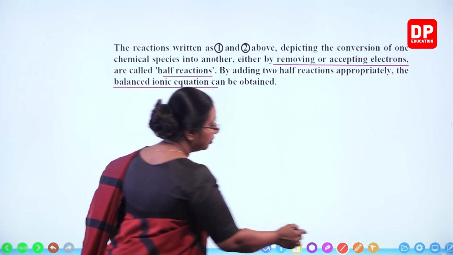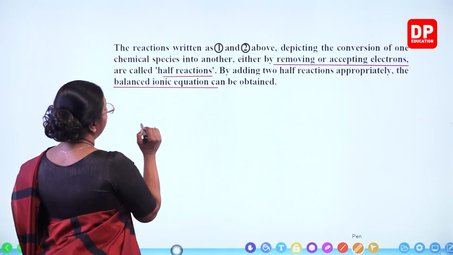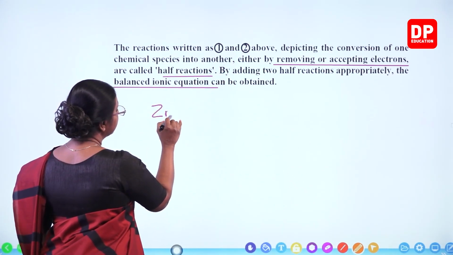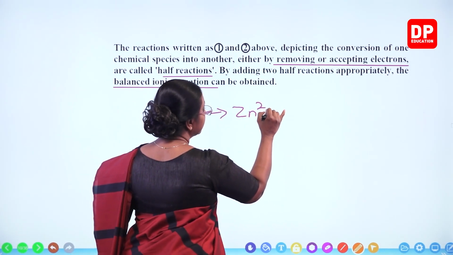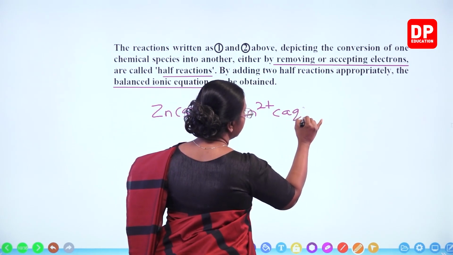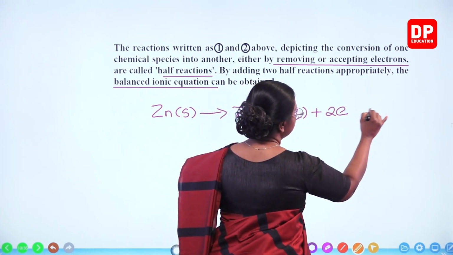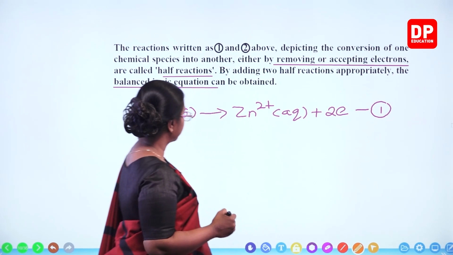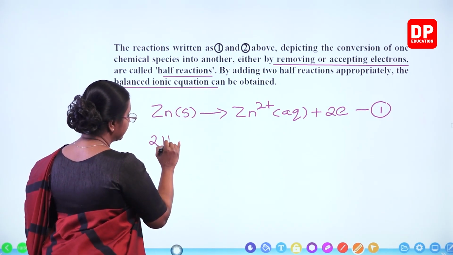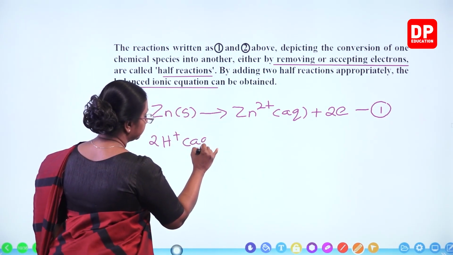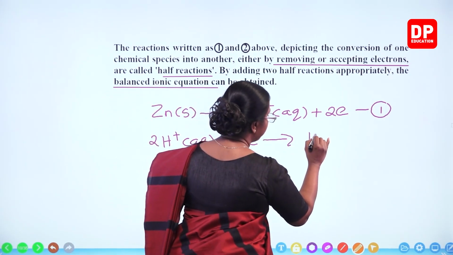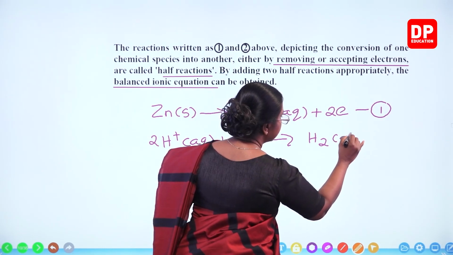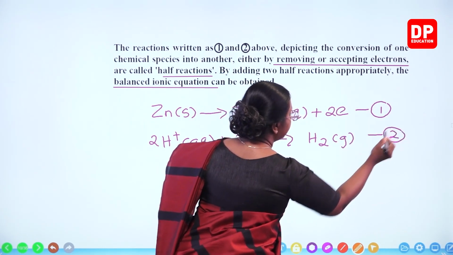So again, to recall the half reactions: zinc solid becomes zinc 2 plus aqueous, losing 2 electrons, the first reaction. Then 2H plus aqueous taking up 2 electrons to become H2 gas. That is the second reaction.